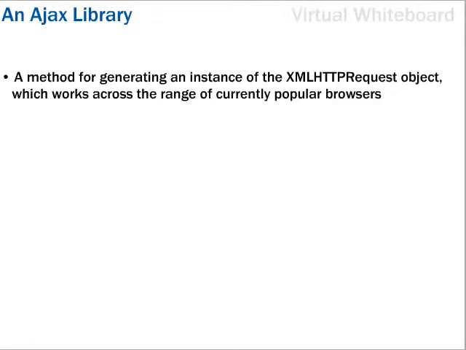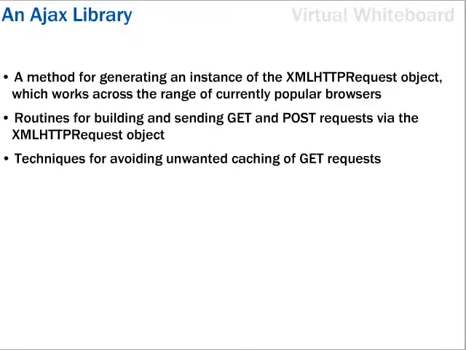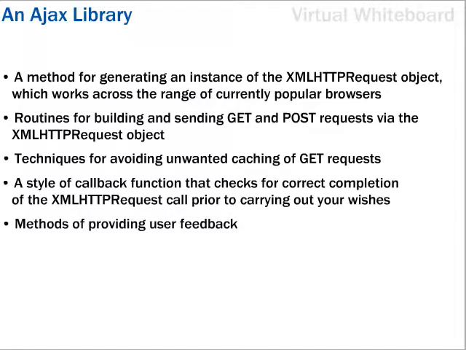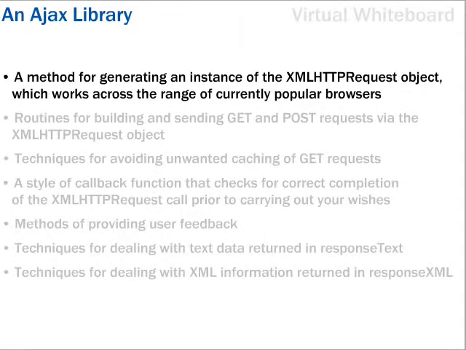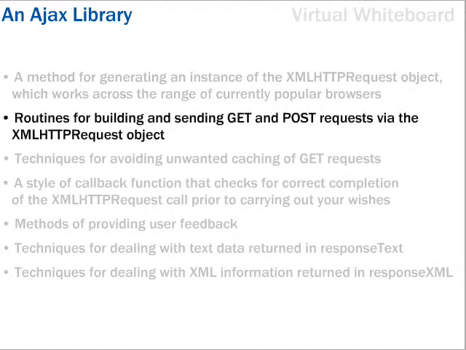There are a number of JavaScript code techniques for implementing the various parts of an Ajax application. Among these methods are a method for generating an instance of the XML HTTP request object, which works across the range of currently popular browsers. Routines for building and sending GET and POST requests via the XML HTTP request object.